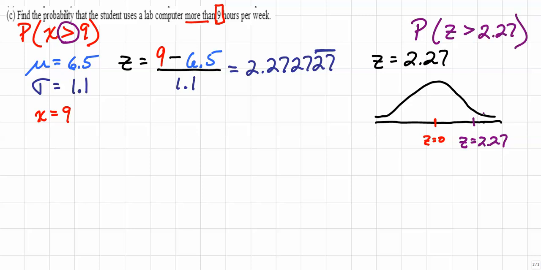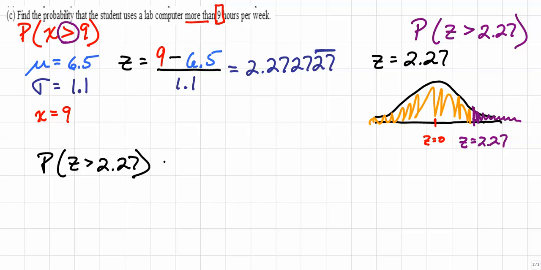So instead of looking to the left, we want to find everything that's going to be to the right of the z-score. Hence the reason that we will subtract the value that we achieve for this area under the curve from 1. So the probability that z is greater than 2.27 will be equal to 1 minus the probability that z is less than or equal to 2.27.